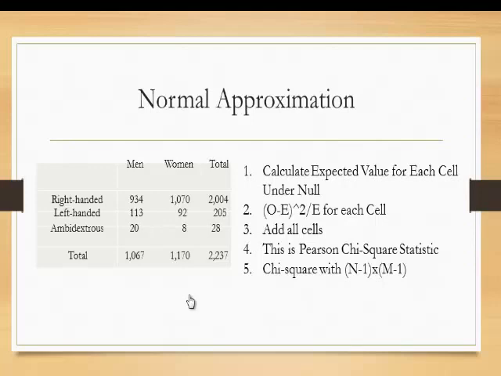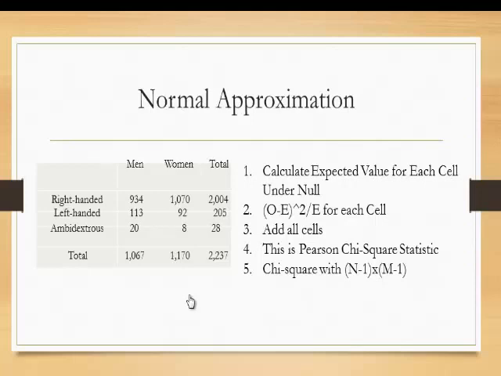So each cell gets an expected value, the number that would have been seen if there was a perfectly equal distribution. So basically, there's a total of 2,004 right-handed people. So you would see them distributed between men and women in accordance to the proportion of men and women in the survey.